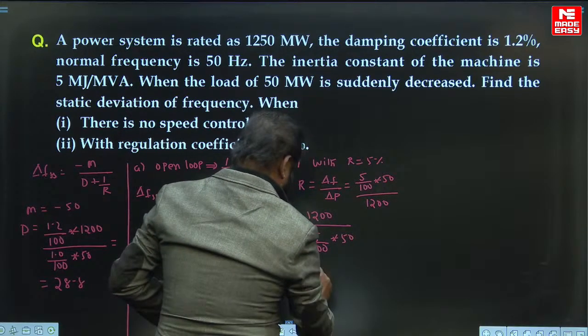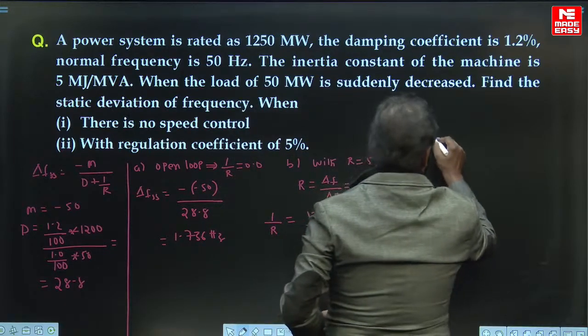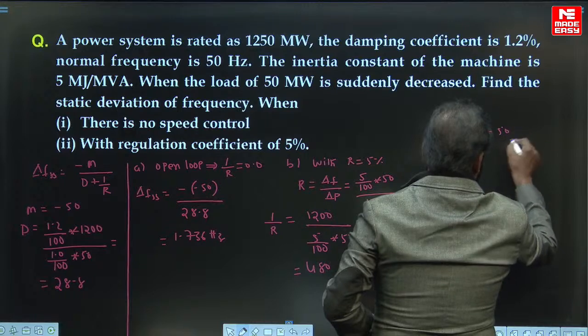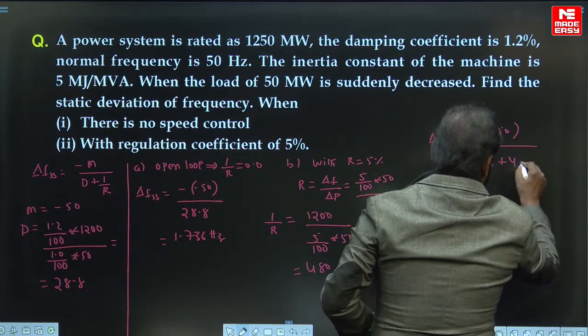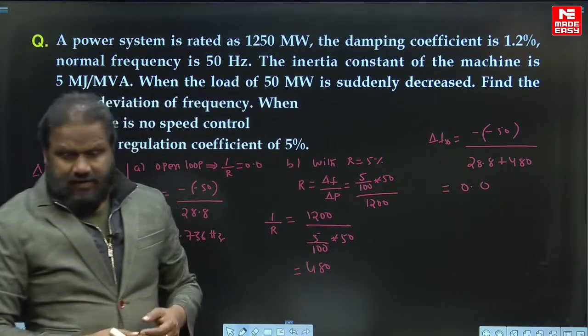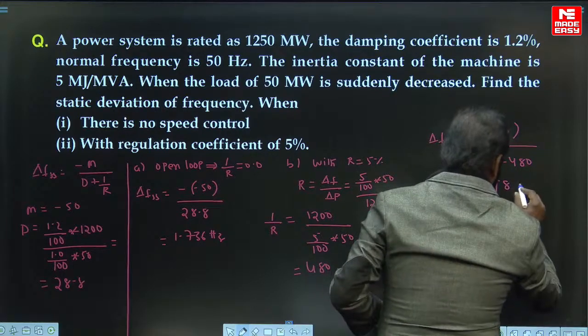This is equal to 480. Then by substitution, delta f ss is equal to minus of minus 50 divided by 28.8 plus 480. So this is equal to 0.0982. It is a standard question.